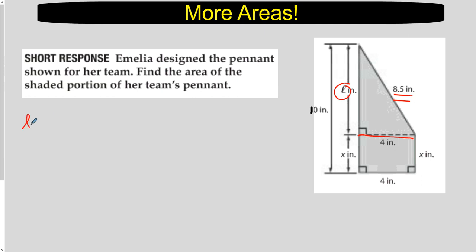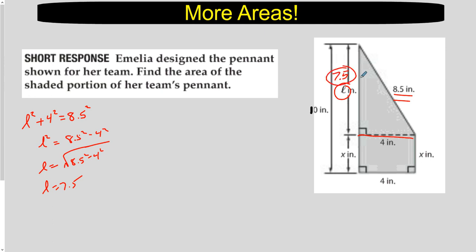L squared plus 4 squared will give us 8.5 squared. So L squared is 8.5 squared minus 4 squared. So L is the square root of 8.5 squared minus 4 squared. If you're careful with parentheses, you can plug all of that in all at once. So the square root of (8.5 squared minus 4 squared) is 7.5. So I know that this is 7.5.